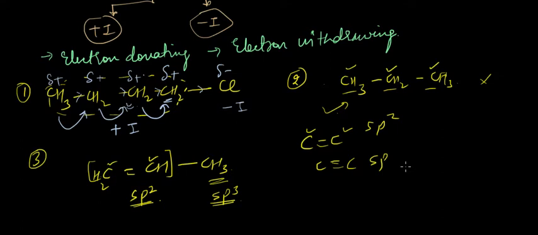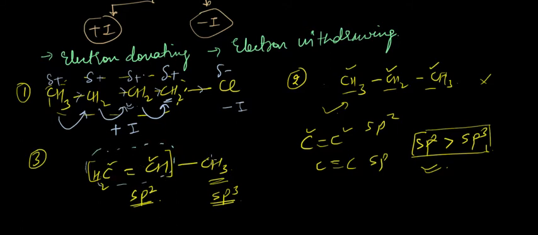Okay, and we know that the electronegativity of sp2 hybridized carbon is greater than the electronegativity of sp3 hybridized carbon atoms, right? So just remember this as a fact for now, and using the same we can say that as the electronegativity of these two carbon atoms is greater than the electronegativity of this carbon atom, this will have minus I effect and this will have plus I effect, right?